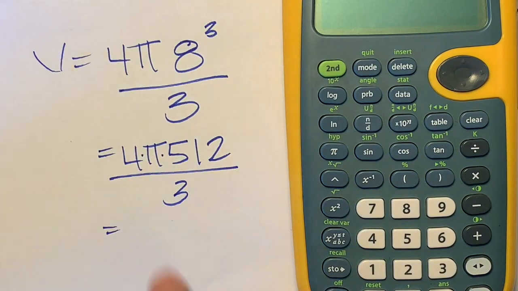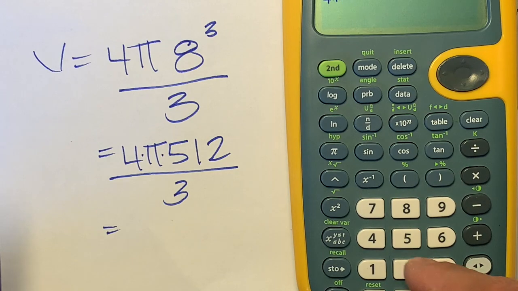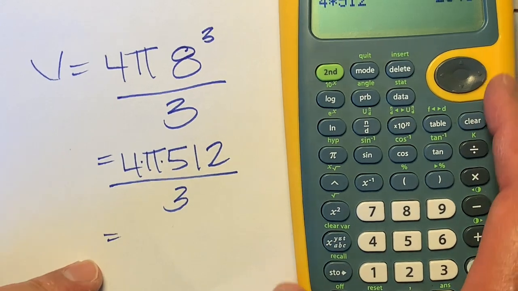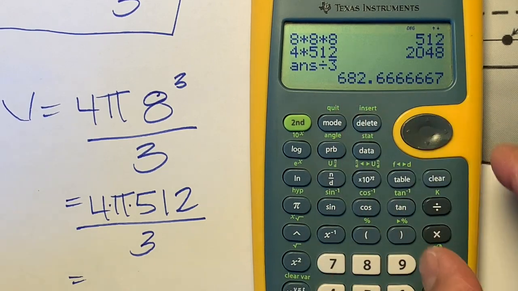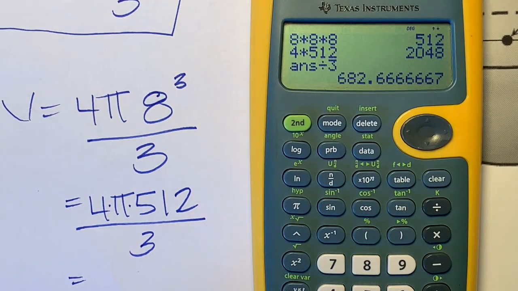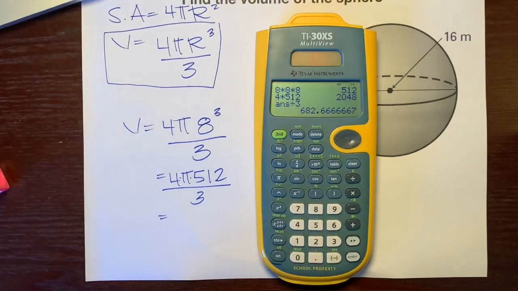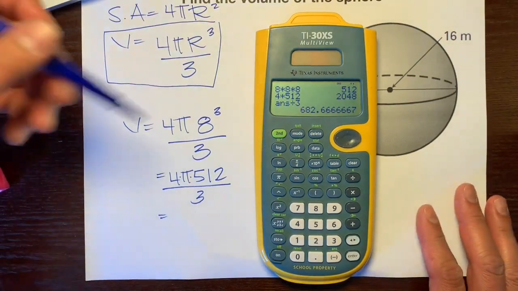And let's just multiply across. 4 times 512 is 2048 divided by 3. And divide that by 3 is 682.667. Let's zoom back out so you can see that.